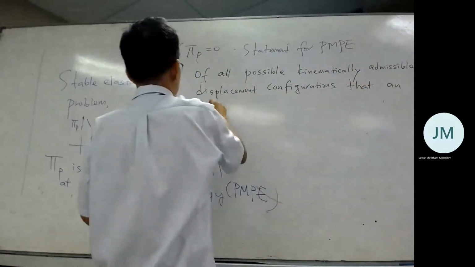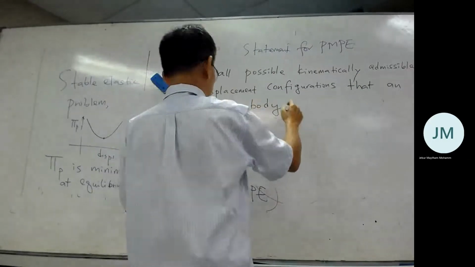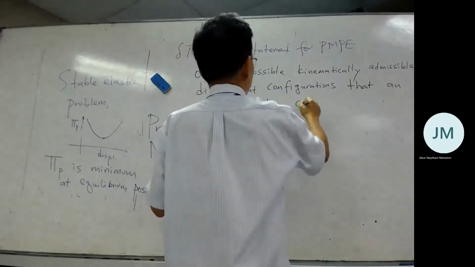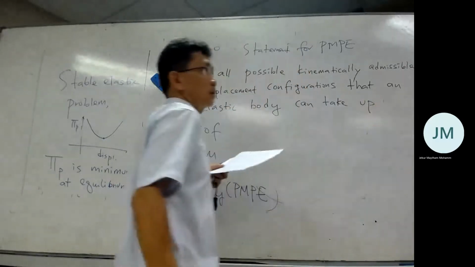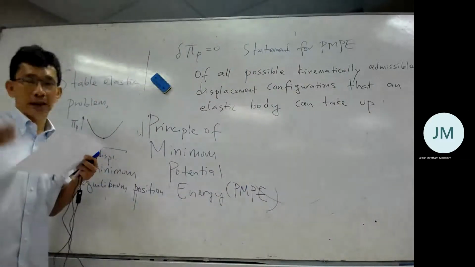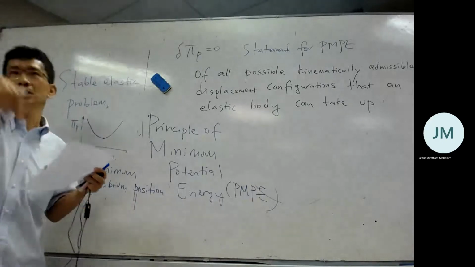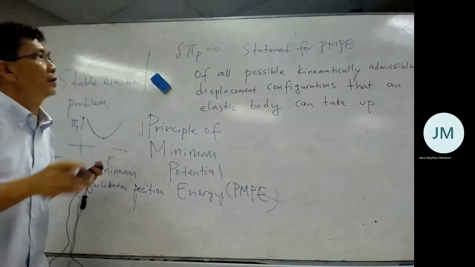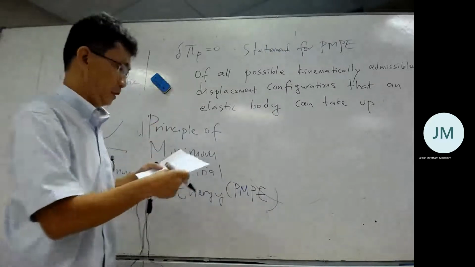I mean, there are many possibilities for the displacement shape that a problem can take up, curve like this, curve like this, or any other curve. As long as they are kinematically admissible, there are many possibilities.